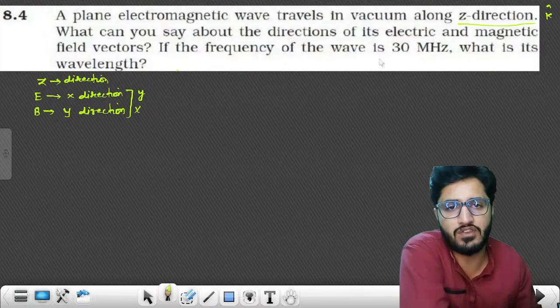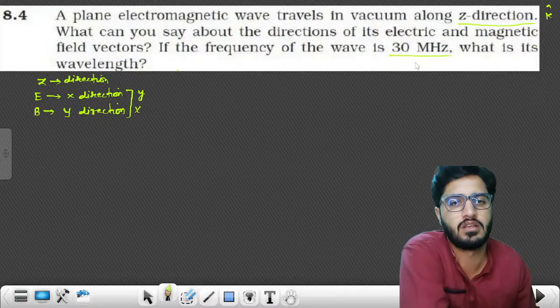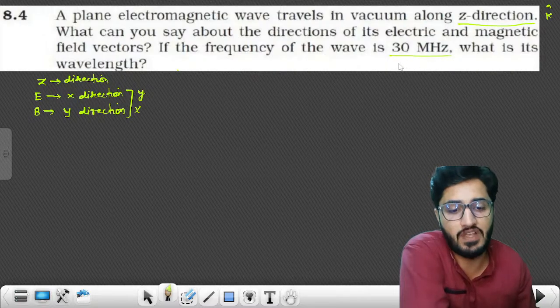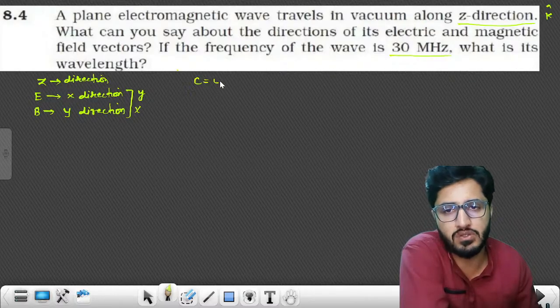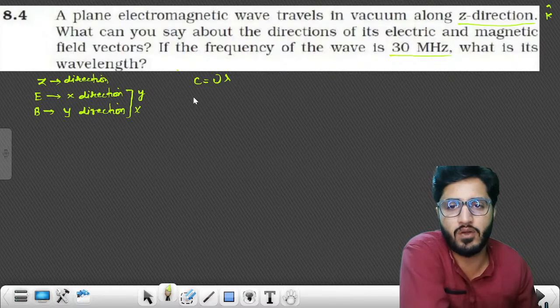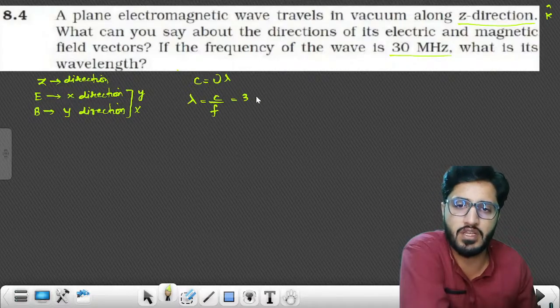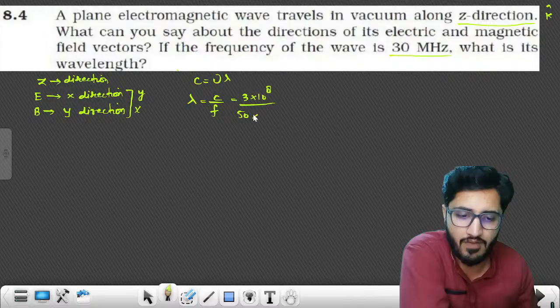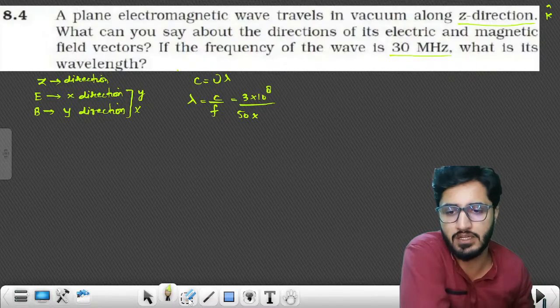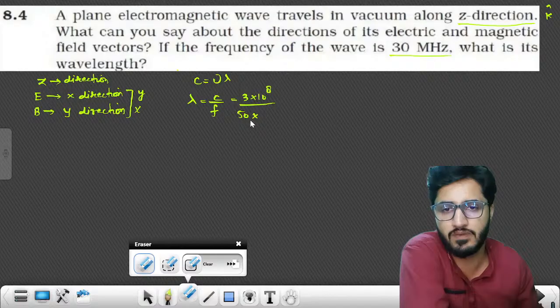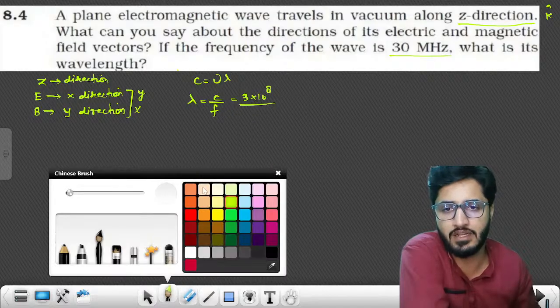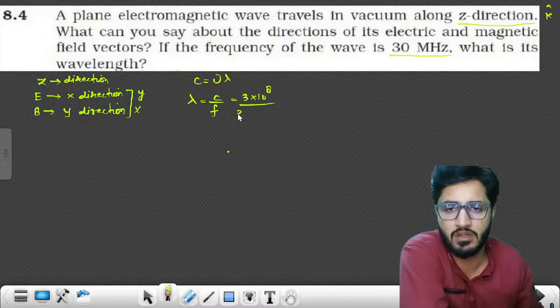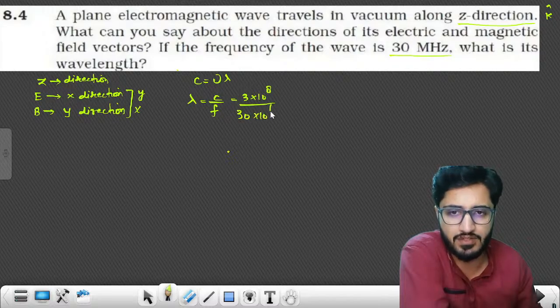If the frequency of the wave is 30 megahertz, what is its wavelength? We know c equals nu times lambda. So we have to find the wavelength, lambda equals c by frequency f. c is 3 into 10 to the power 8. Frequency is, oh sorry, it is 30 here, 30 into 10 to the power 6. 3 ones are 3, 3 ones are 3, cancel out.